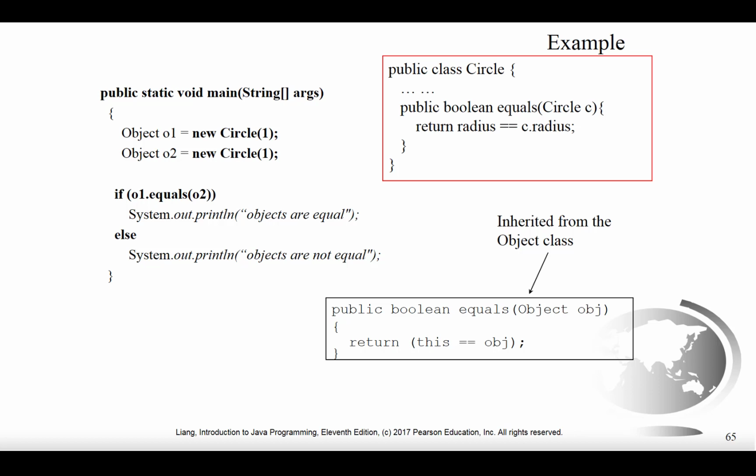On the top right-hand side of the slide, you see the code that we would like to override the default equals method with. We would like to instead define equals to be a Boolean value that is equal to the comparison of the radii. Of course, the radiuses, or the radii, are primitives, so we're allowed to use the equals operator to compare them.